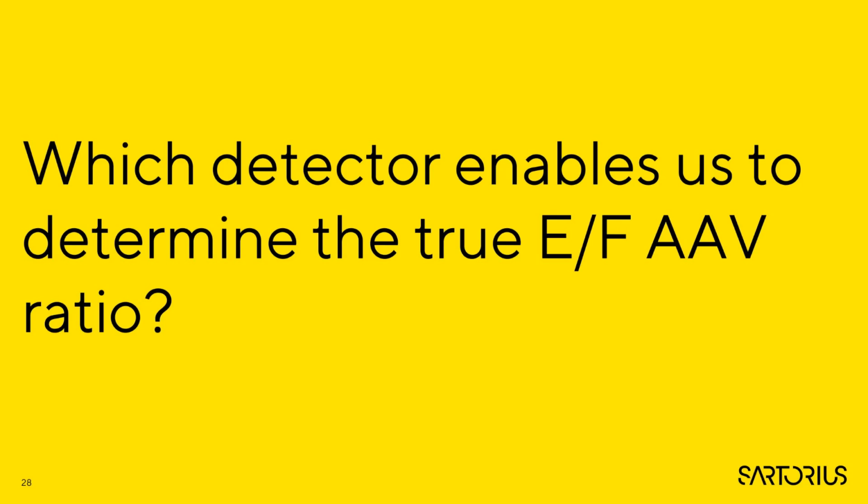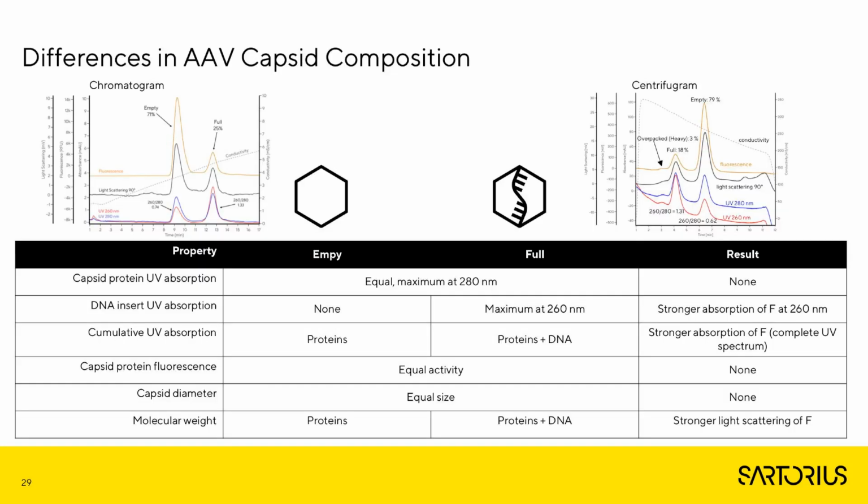So which detector to trust and to choose if we want to quantify our AAV samples? And I will try to answer this question in the following slides. But before we continue into deeper investigation, I want to point out again the differences in AAV composition.